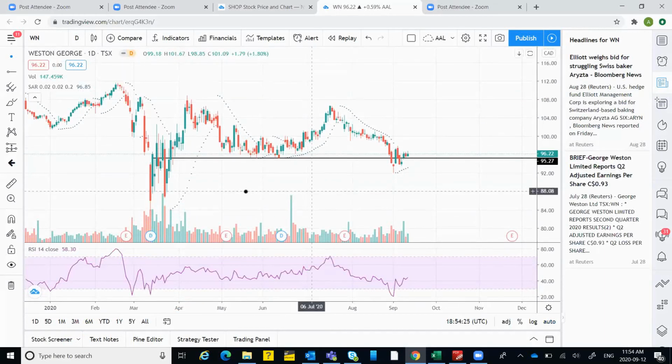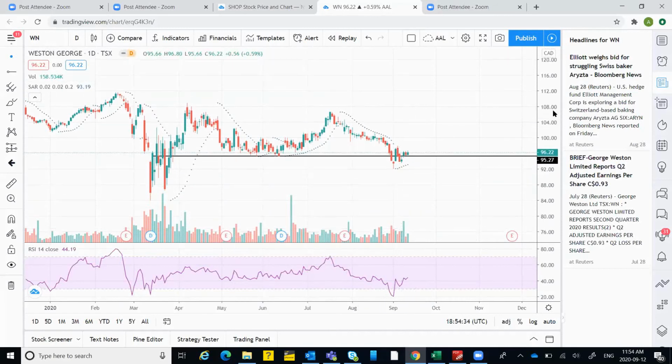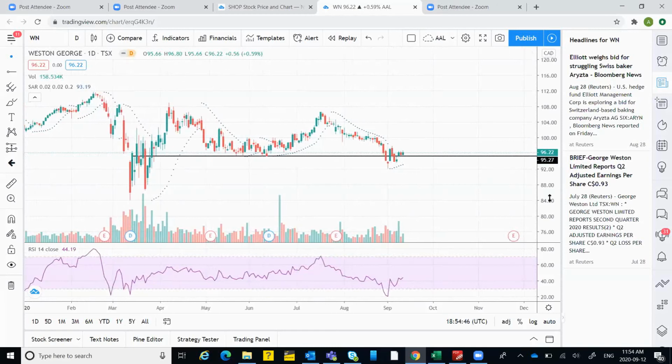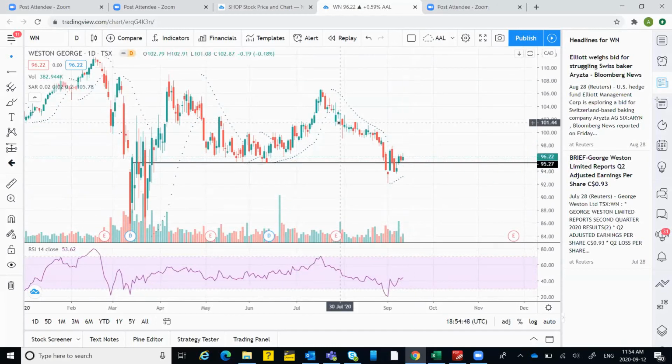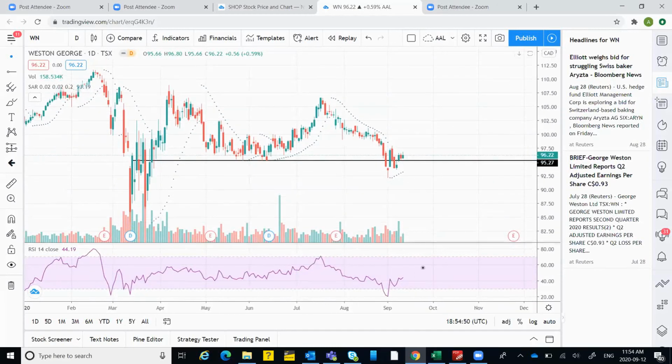Okay. Western Digital here seems to be interesting. It has generated a buy signal by Parabolic SAR, and it seems to have taken support at the previous support of 95. It went down a little below the support, but is back to normal. So let's see the targets for this.